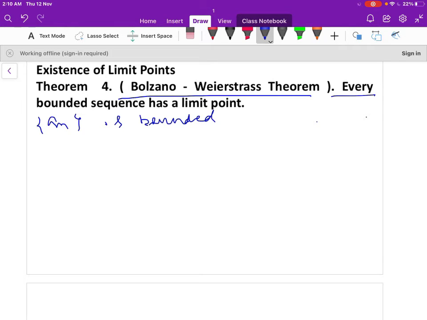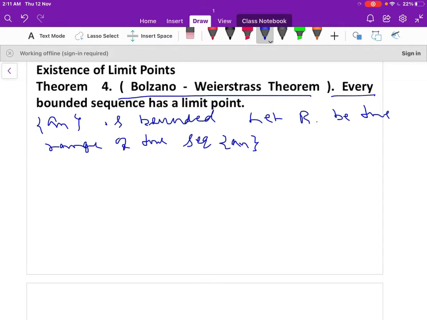Let R be the range of the sequence a_n. The range may be finite or infinite.